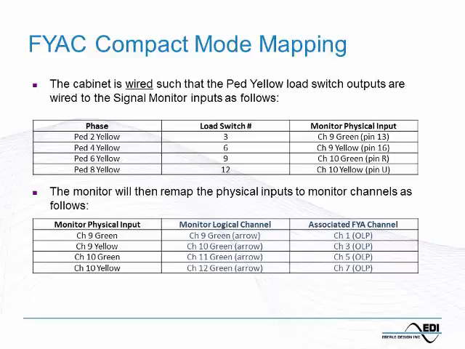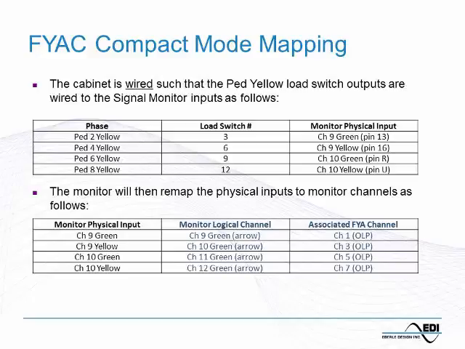What they had in mind was to collect those 4 PED yellows and reroute them to the monitor to appear as 2 right turn overlaps, 2 section overlaps with just green and yellow arrows.